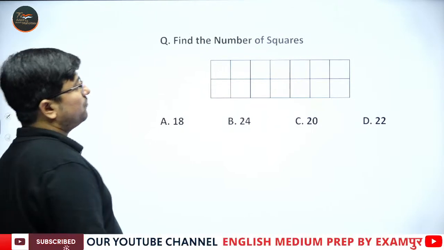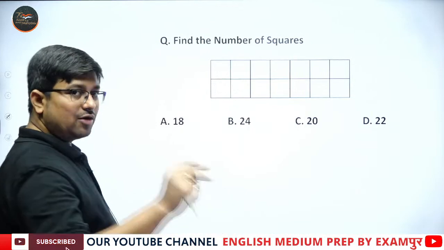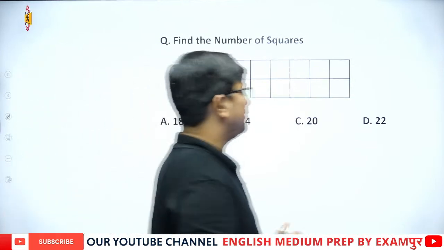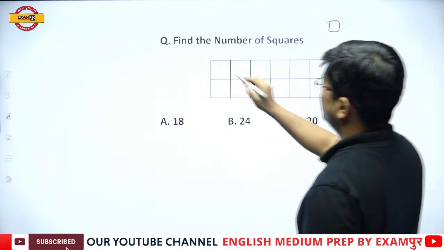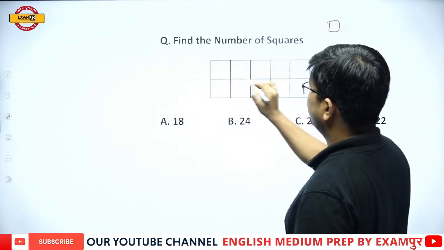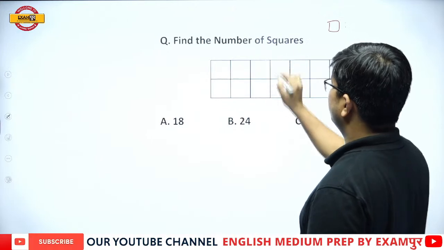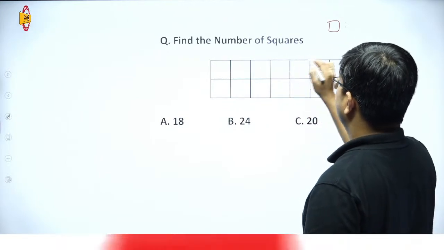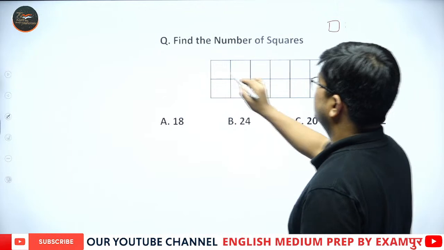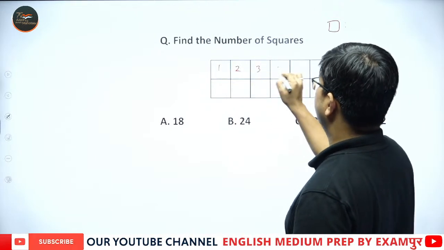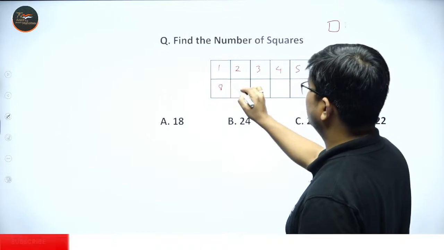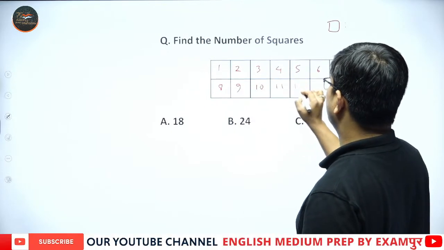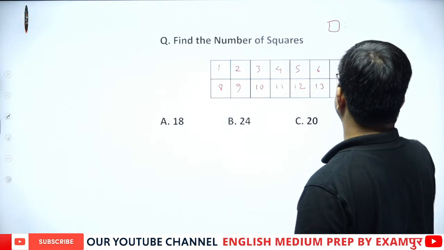First of all, let us do the manual counting. While we do the manual counting, let us count the single squares. They are 1, 2, 3, 4, 5, 6, 7. So if 7 squares are over here, then an equal number of 7 squares will be here also. So this gives us a total of 14 such squares.